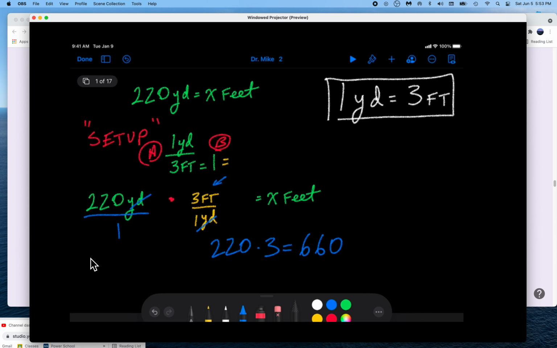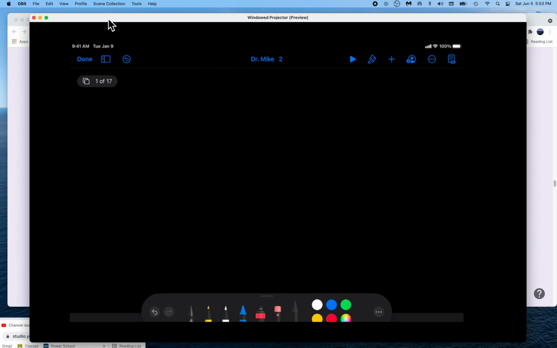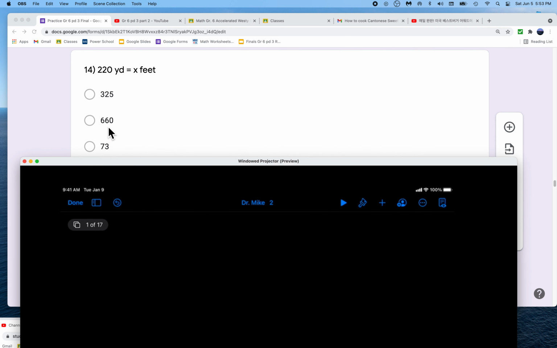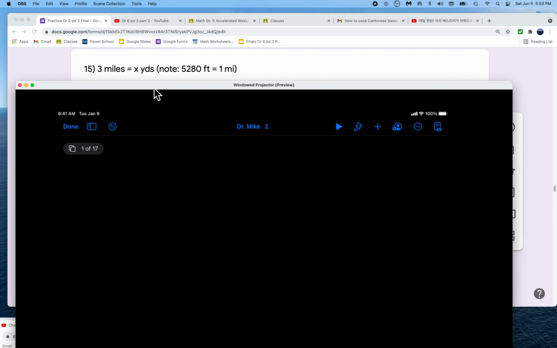And here we go. The next problem is one of those times. Right here. Okay. So now the problem wants 3 miles equals how many yards? And I wrote this in 5280 feet equals 1 mile because that's not something that's on the tip of everyone's tongue.